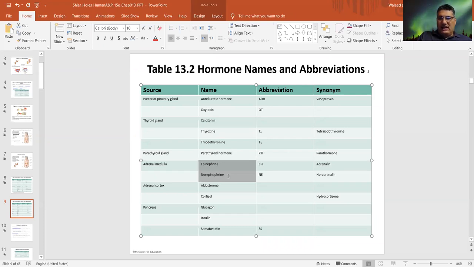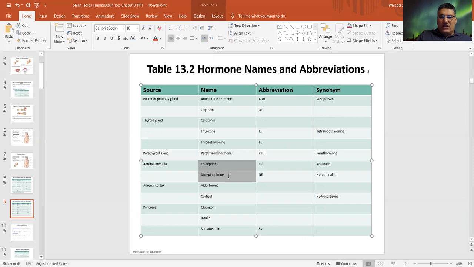Like if somebody's attacking you, you secrete epinephrine, norepinephrine from the adrenal medulla, and this is going to have a lot of effects that you should know, including increased heart rate, increased respiratory rate, increased concentration, increased metabolism, dilation of your pupil, dilation of your bronchi, blood going to the muscles, blood going to the brain, and all these. Just think about it.